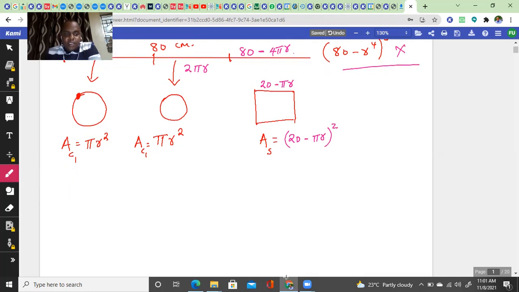The function that we create is going to be a function of r. It's going to take the area of the first circle, pi r squared, another pi r squared, so that's 2 pi r squared. And then we add the area of the square, which is 20 minus pi r squared. And this is what we want to minimize.